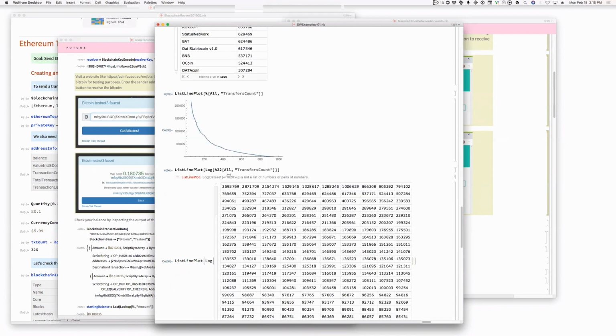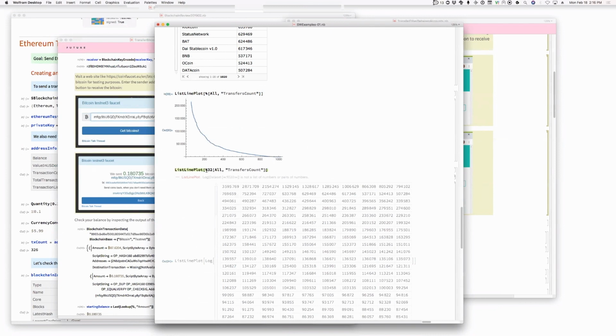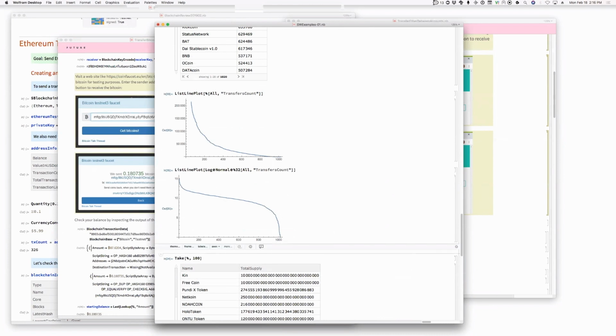Oops. What did it do there? Well, certainly if I say log of normal of that, it should work. What does that mean? That's really weird.